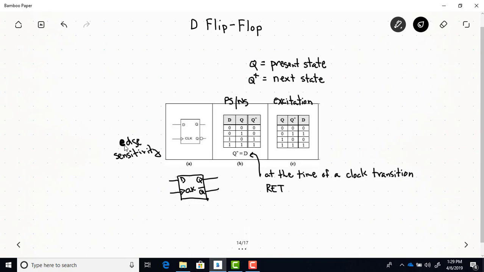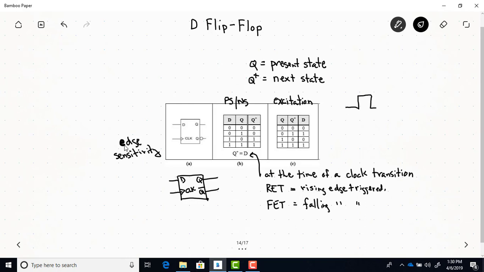There's rising edge, okay, this stands for rising edge triggered. And there's falling edge triggered. Okay, so FET stands for falling edge triggered. And what rising edge and falling edge are referring to are the edges of the clock.